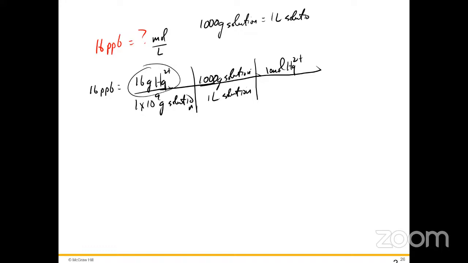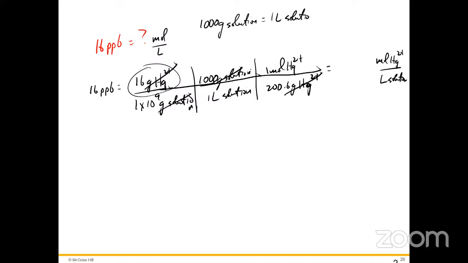So I'm going to put 200.6 grams of mercury 2 plus down here. So what's going to happen in terms of units canceling out? You're going to have grams of mercury 2 plus canceling out here and here. You're going to have grams of solution canceling out here and here. So the only thing that would be left is moles of mercury 2 plus divided by liters of solution, which is basically molarity.